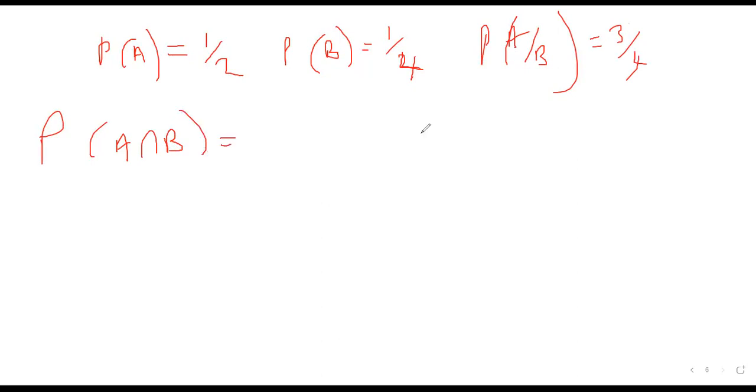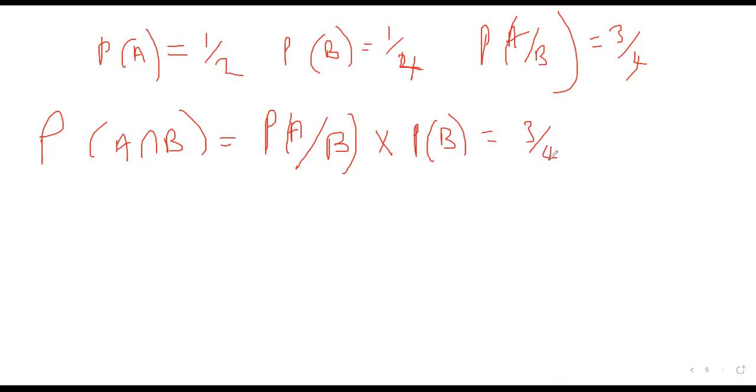How do you find A intersection B? It is probability of A given B times what? Times B. Good. So what is A given B? 3/4.